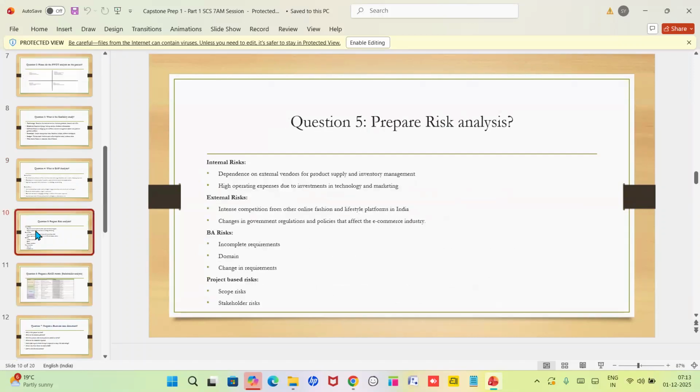And coming to the fifth question, it is about risk analysis. As we all know, to implement an application, we will have risks, right? A risk is an uncertain event which may cause project failure, or which may slow down the process. For example, in the team we have developers, right?